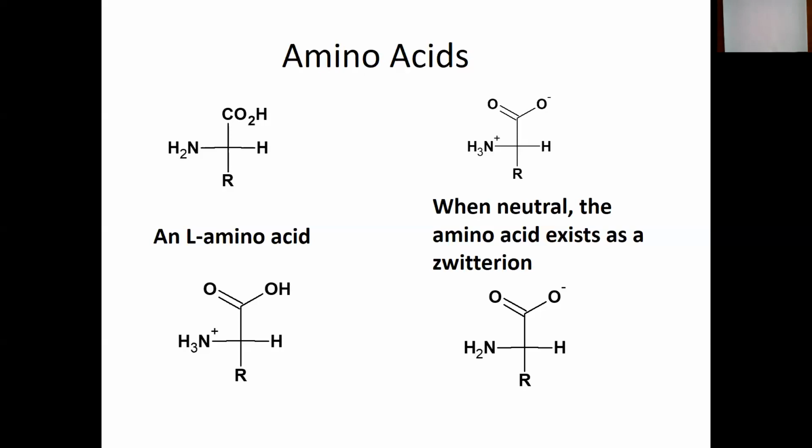Anytime the pH of a solution is above the pKa of the thing in question, your thing in question will be in its basic form.